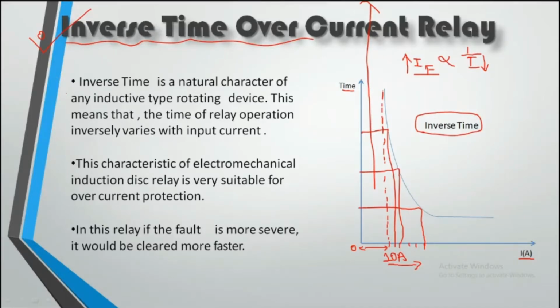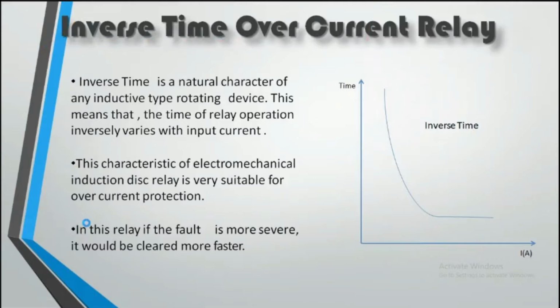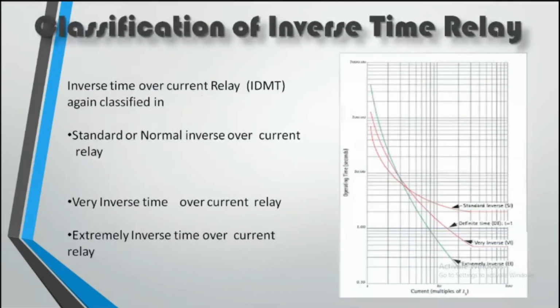Now, we are not going into the depth of all of these points as we have done in the last class. But again, this particular characteristic of inverseness is where we say the time of operation is inversely proportional to the amount of fault current. Or instead of this you can say, for this particular fault current, the time will be in the inverse.